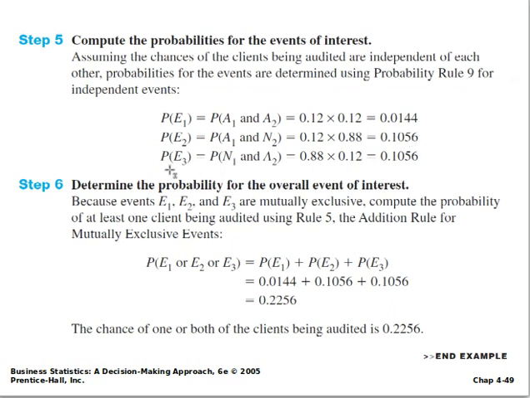For E3, the probability equals P of N1 and A2, which is 0.88 times 0.12, the same as this one, 0.1056.